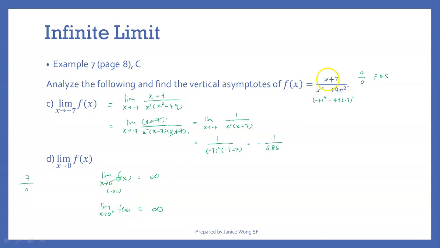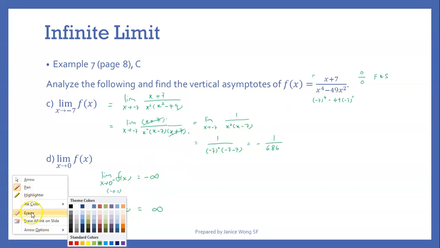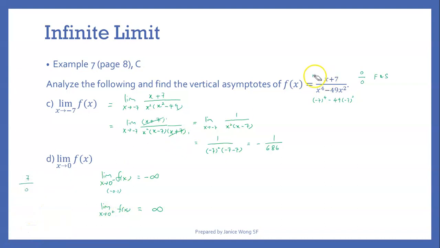Negative 0.1 plus 7 is of positive sign, so the numerator is positive. Negative 0.1 to the power of 4 minus 49 times negative 0.1 to the power of 2. The answer is negative sign. So positive over negative is negative. Hope you understand. You have to use the calculator to help you get the sign.